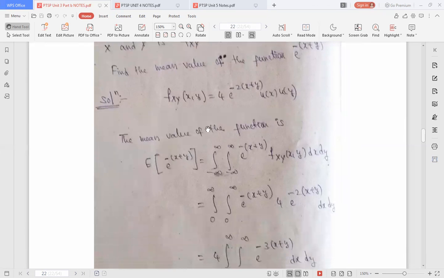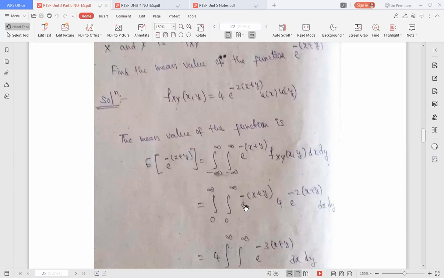It is the expected value of e power minus x plus y. So in the formula, whatever function is given, that function should be placed here, and we have to consider its joint probability density function. So it is integral minus infinity to plus infinity, integral minus infinity to plus infinity, the function times the joint probability density function, dx dy.